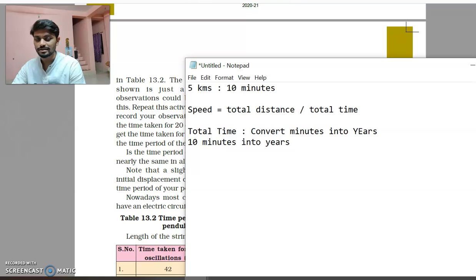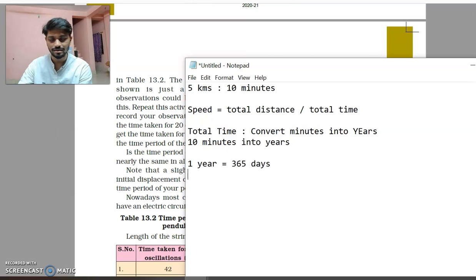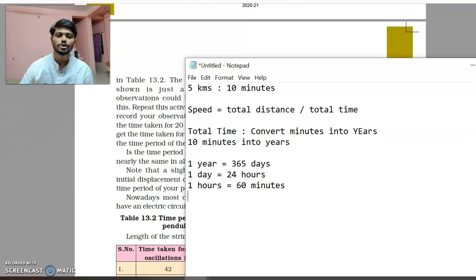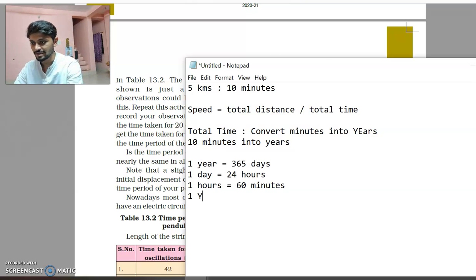So just to show you the calculation, 1 year has 365 days. Agreed. 1 day has 24 hours. Agreed. 1 hour has 60 minutes. So I can say that in 1 year, I have 365 into 24 into 60 minutes.